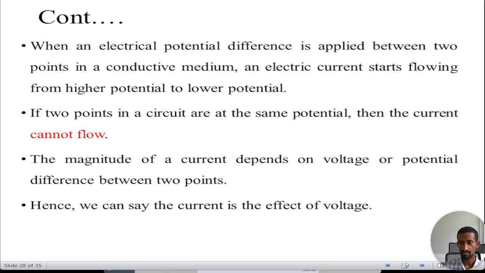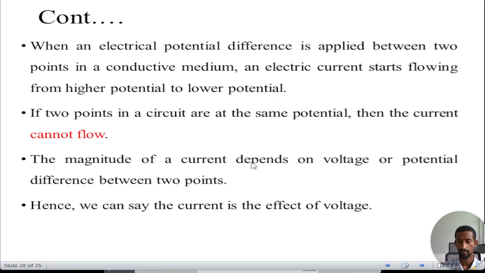But if 2 points in a circuit are at the same potential, then the current can't flow because there is no potential difference between those points. The magnitude of the current depends on the voltage between 2 points. Hence, current is the effect of voltage.